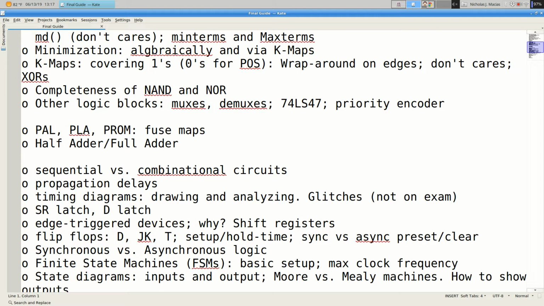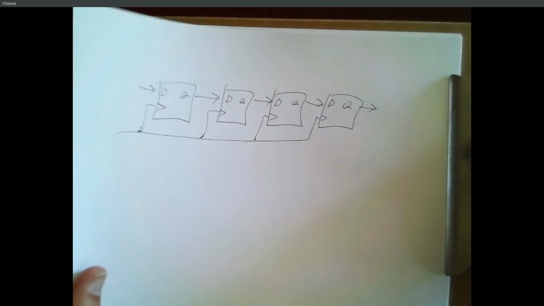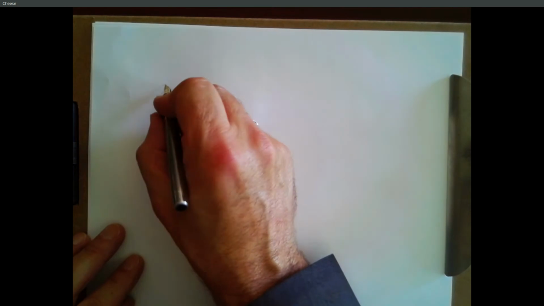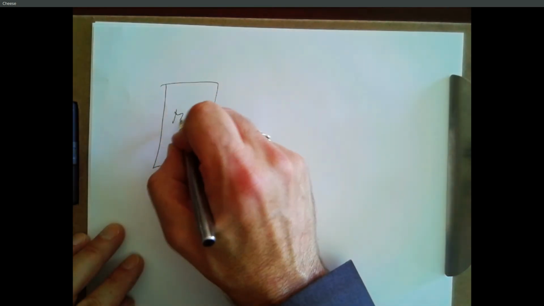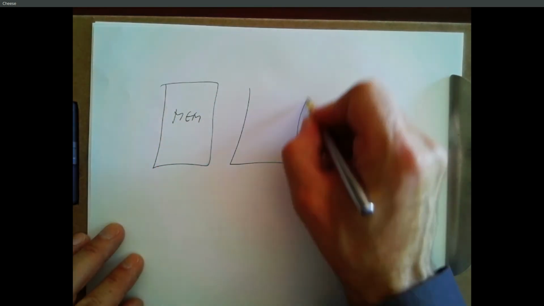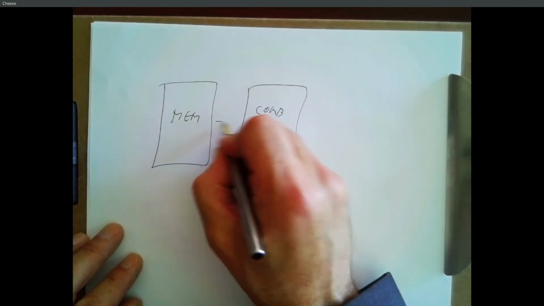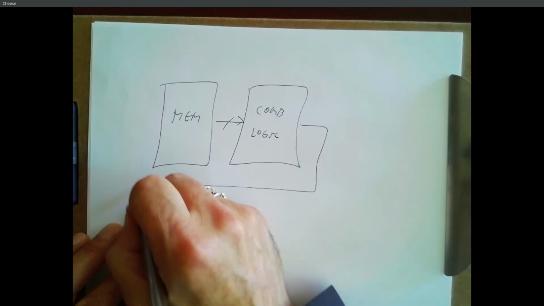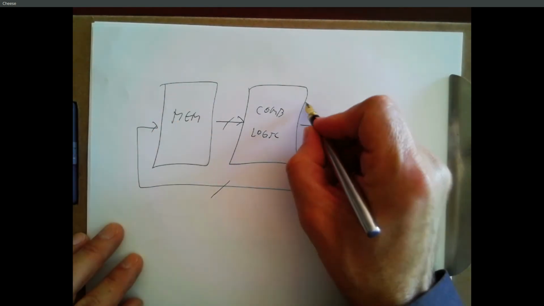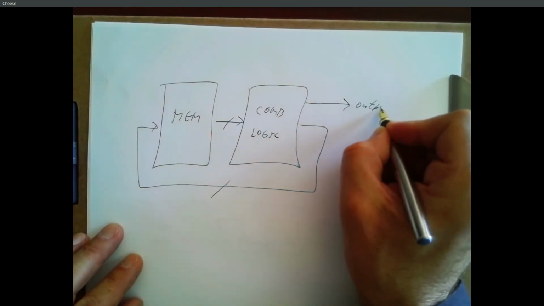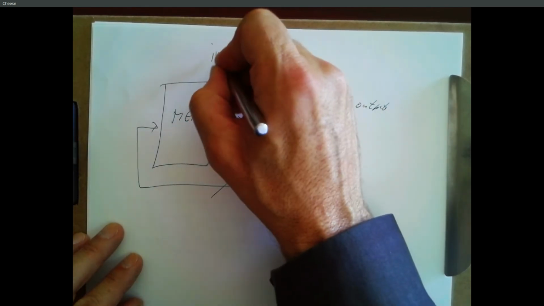And then finite state machines, so FSMs, these get a gazillion problems on homework, which was an awesome job, by the way. Basic setup: memory, combinational logic, and feedback, and some set of outputs, and some set of inputs.